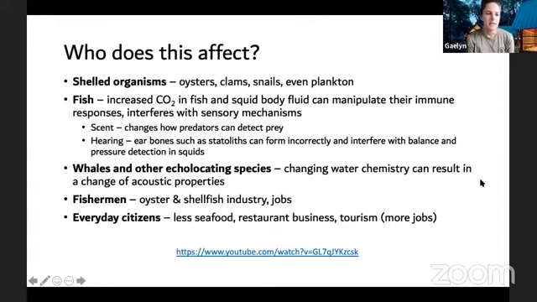So who does this affect? Of course, our oysters, clams, snails, even plankton. There is a type of phytoplankton called a coccolithophore, and they're single-celled organisms, right? But they can still do super cool things. They create a shell out of calcium carbonate that surrounds their single cell.